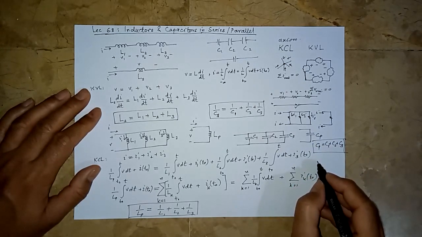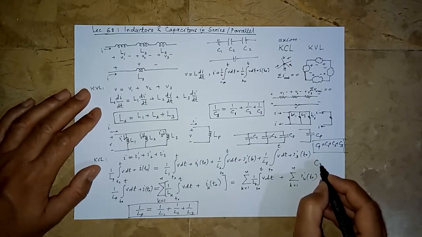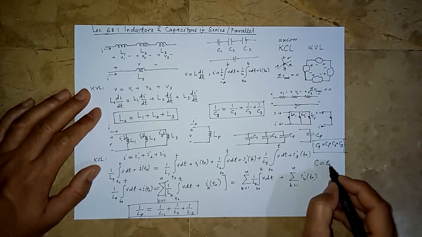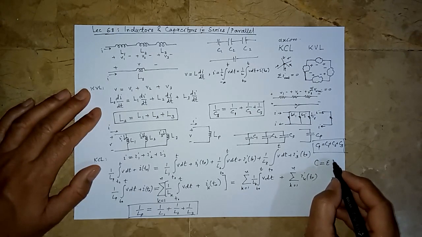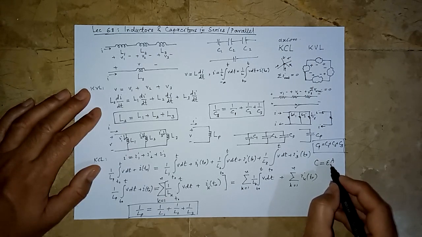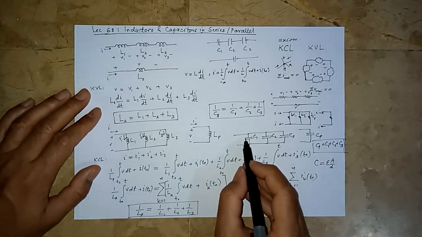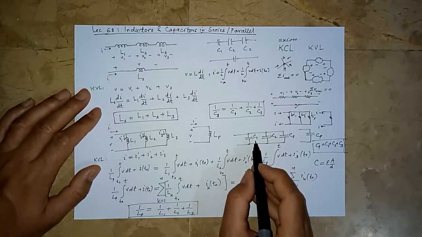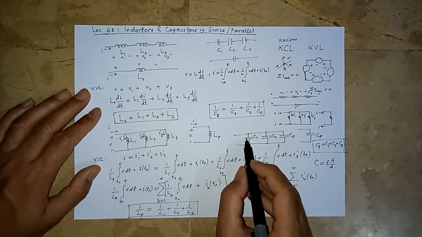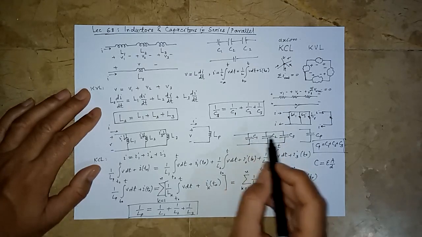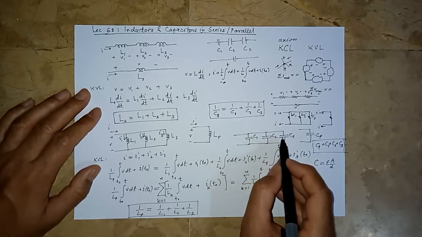And this would also make sense when you remember that in the construction of the capacitor we learned that capacitance is equal to epsilon, the permittivity of the material between the two plates, times the area of one plate, divided by the distance between the two plates. So now in this parallel network, suppose for a moment all these are identical capacitors with equal capacitances.